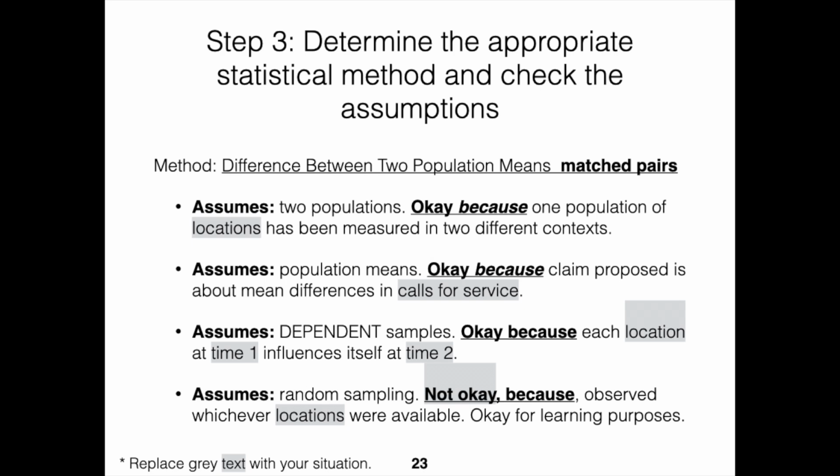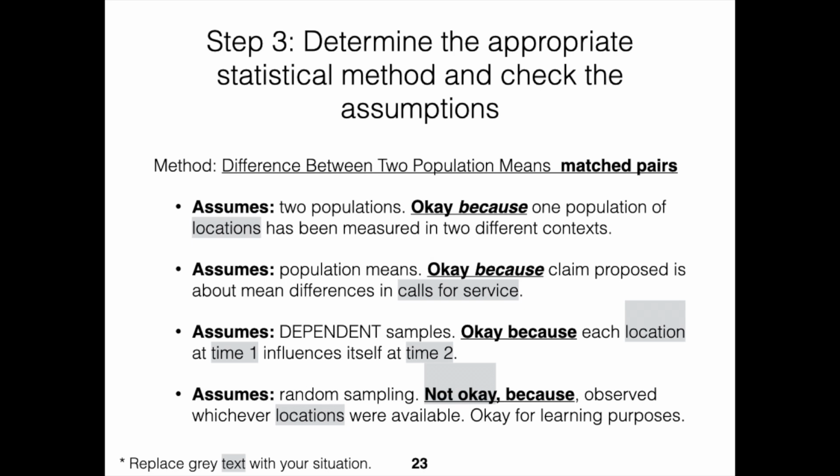Those are my units of analysis. For you guys, you're going to have students, and you're going to be measuring those students in two different contexts. It also assumes population means, which is okay because the claim proposed is about the mean calls for service. More specifically, it's about the mean differences in calls for service.